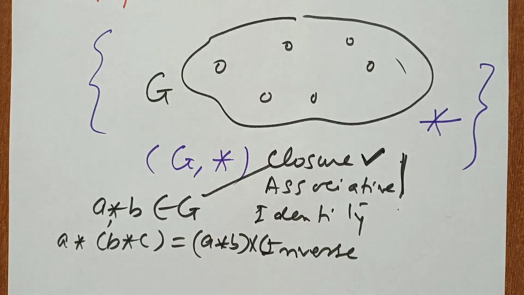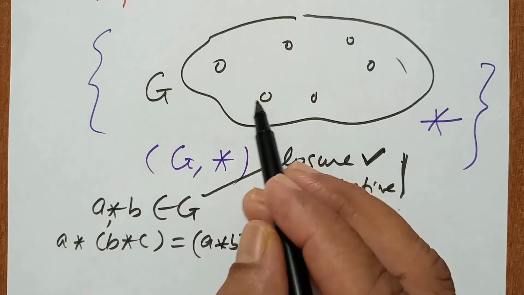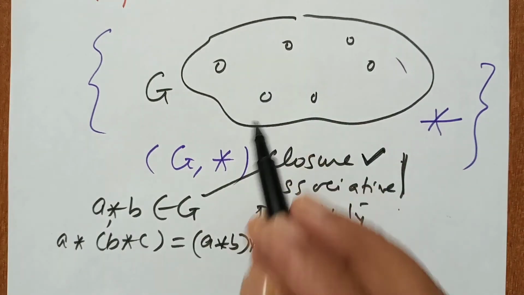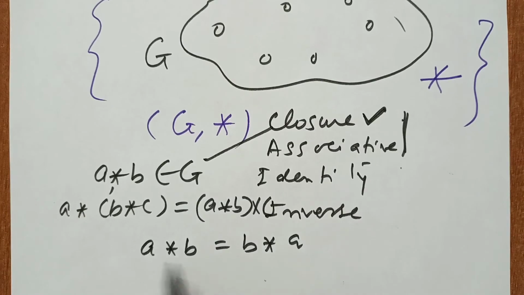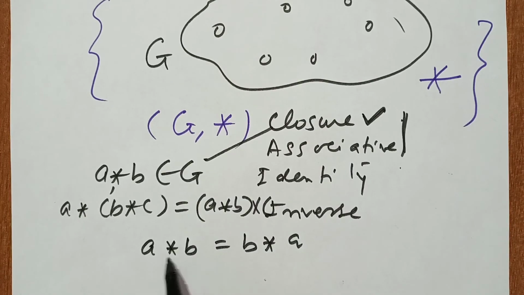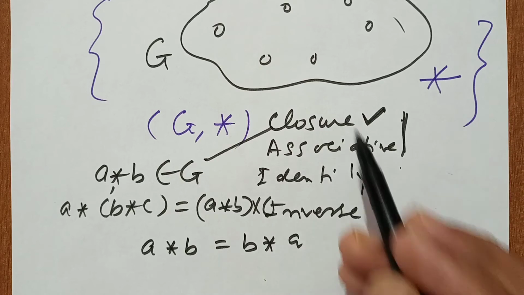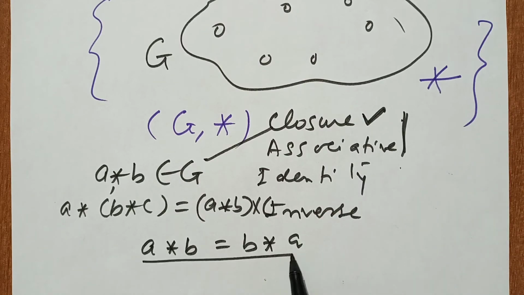At the same time, the great mathematician Niels Abel explained a property of groups: if we take any two elements of the set and a star b is equal to b star a, meaning that if we interchange the elements under the given operation the value is unchanged, then this property is called the commutative property. If a group satisfies the commutative law, it is called an abelian group.